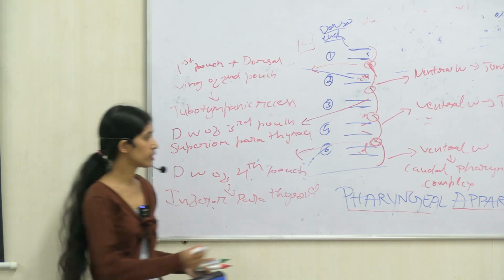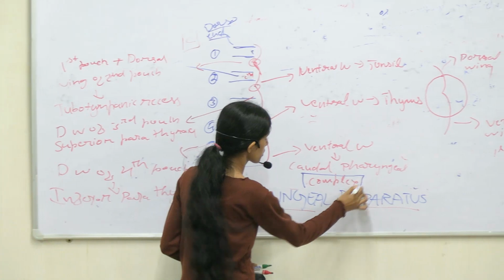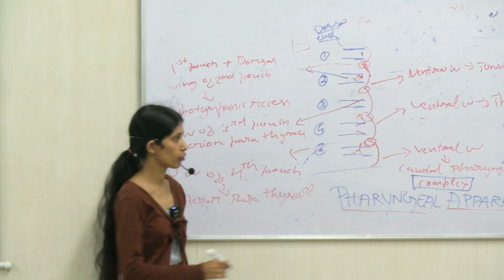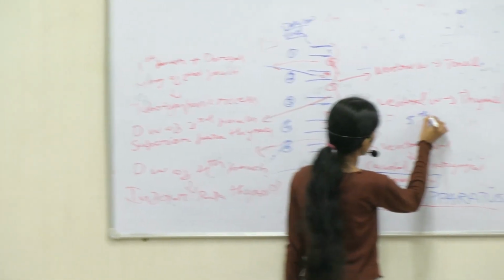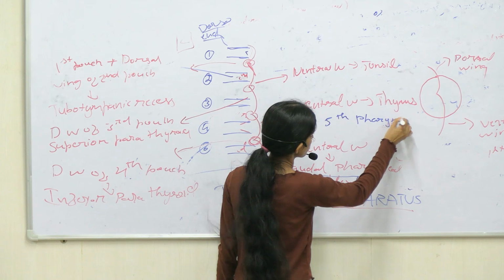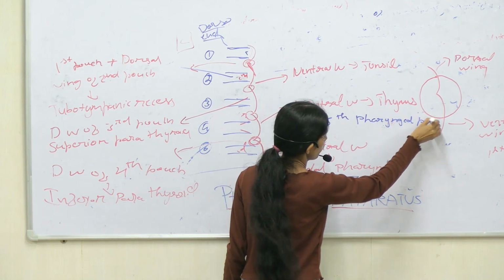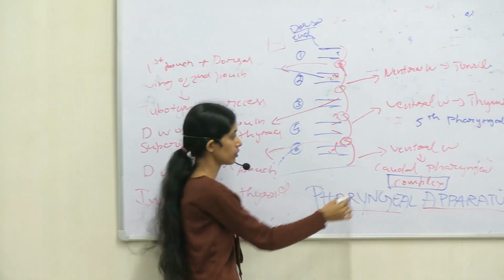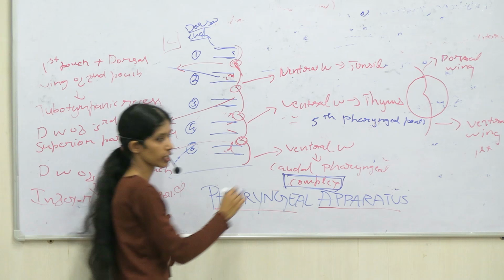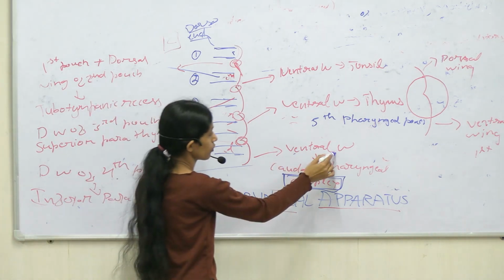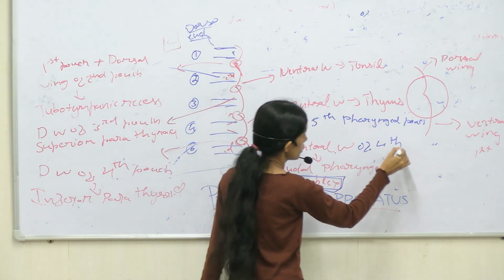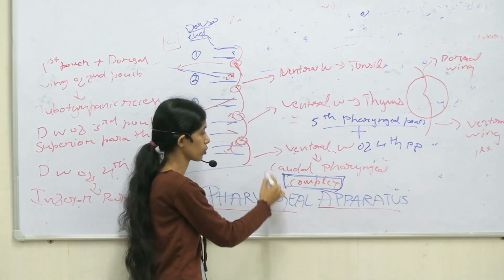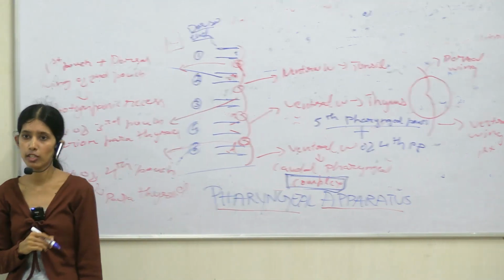No doubts. Here they have used a word complex because in few textbooks it is mentioned there is a presence of your fifth pharyngeal pouch, but later it will disappear. So they have given the name complex because in few textbooks it is mentioned the ventral wing of fourth pharyngeal pouch along with the fifth pharyngeal pouch give rise to a structure called caudal pharyngeal complex.